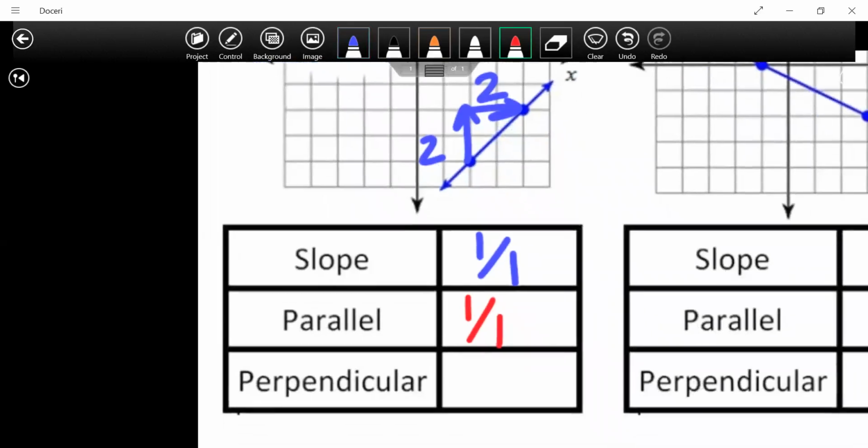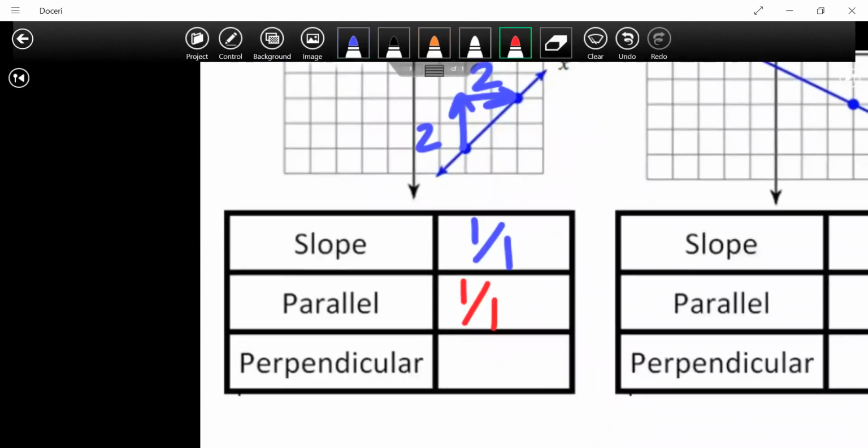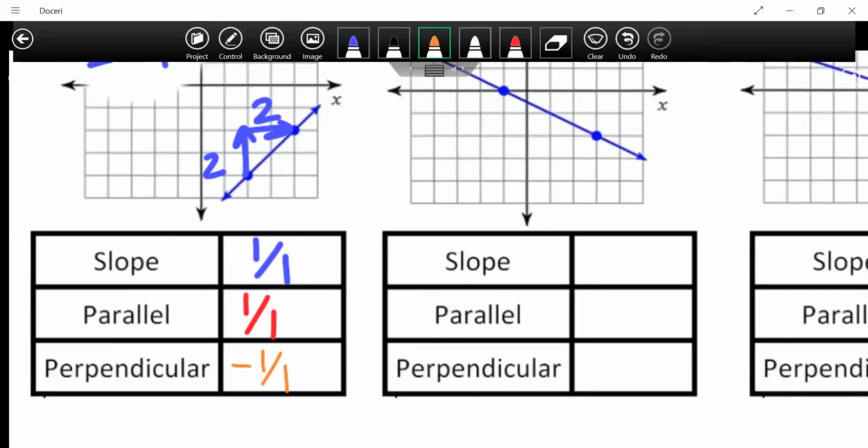What's opposite to positive? Negative. What's flipped? What's 1 over 1 flipped? 1 over 1. Done. That's it. We're going to look at more complex ones, but it's not going to be by too much. Don't freak out. If they're the same slope and they're parallel, we write down the same exact thing. If we're looking for perpendicular, it's going to be the opposite flipped.